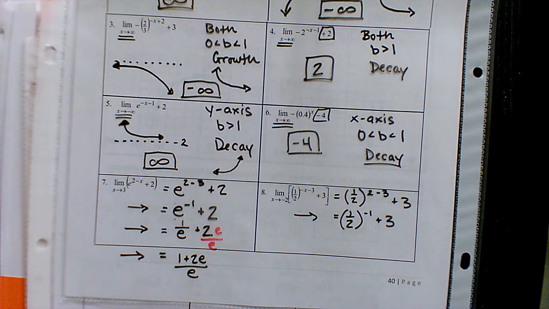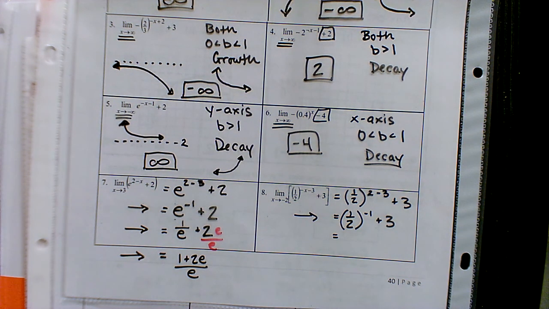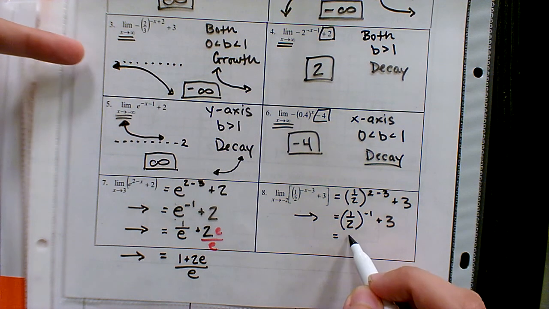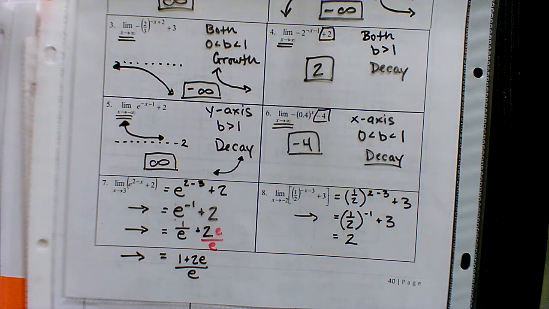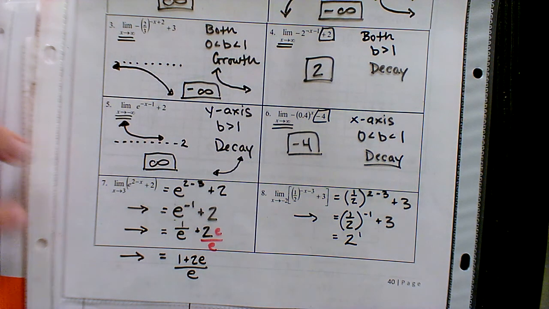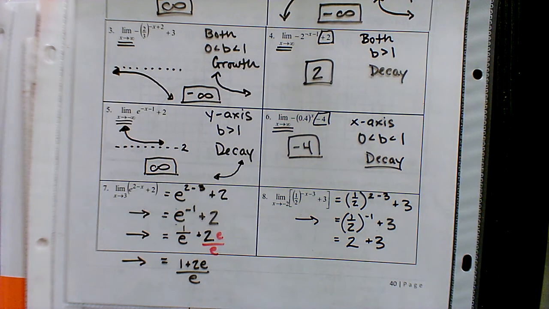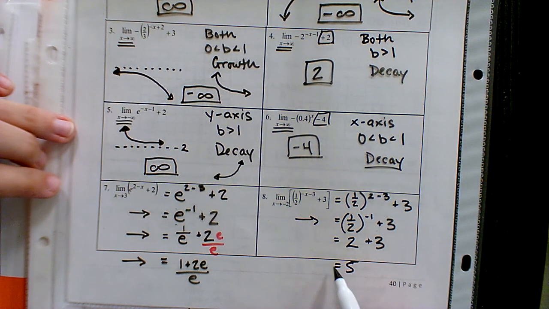Again, we have negative exponents, so maybe we can rewrite it. If we were to flip the location of the 1 over 2, it would now be 2 over 1, to the first. Or you can just write 2 there if you wanted to, plus 3. And notice how that's simply 5.